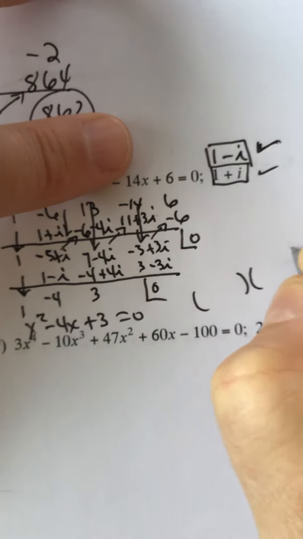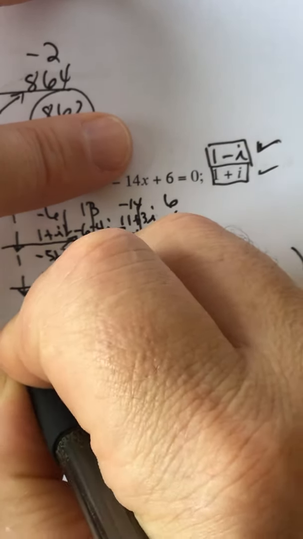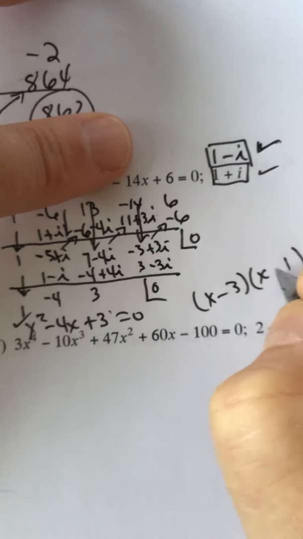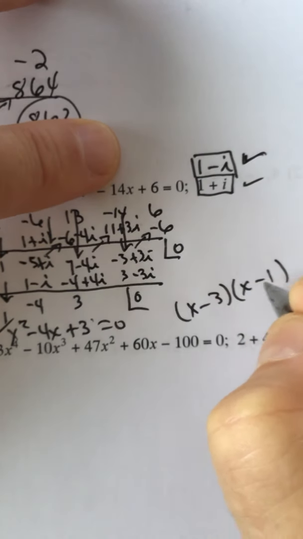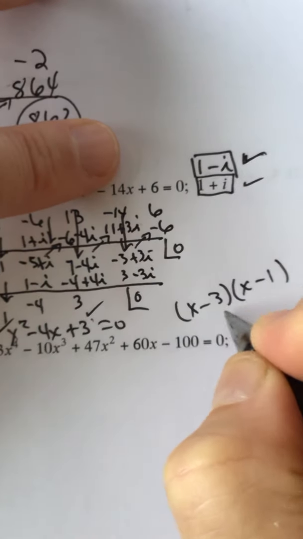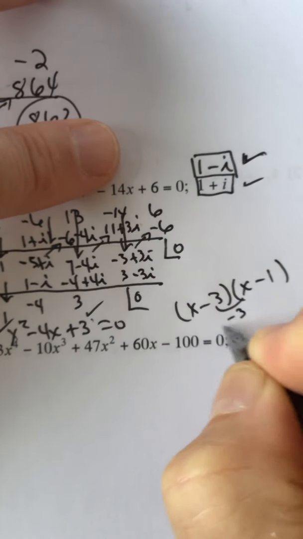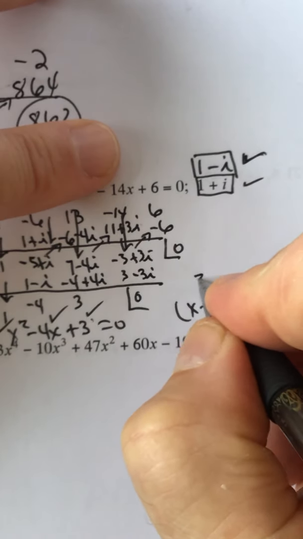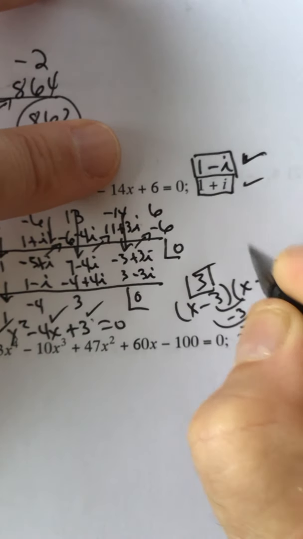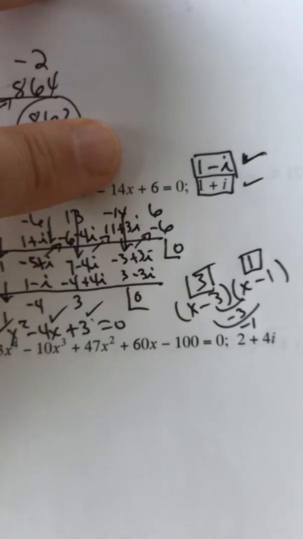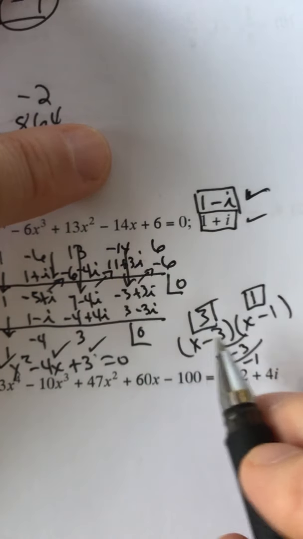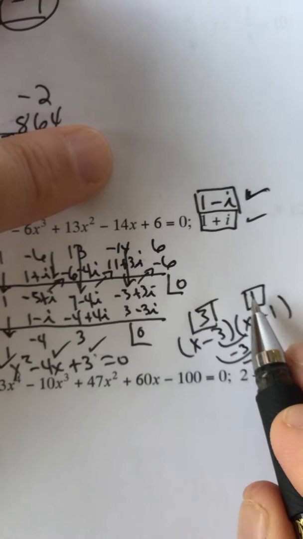Let's see. How about x times x is x squared? The only choice for 3 is 3 times 1, and if I make them both negative, negative 3 times negative 1 is still positive 3, and there's negative 3 inners and negative 1 outers, which adds up to negative 4. So this one makes a 0 of 3, and this one makes a 0 of 1. So this graph had two imaginary zeros, and then it crossed the x-axis at 3 and 1.